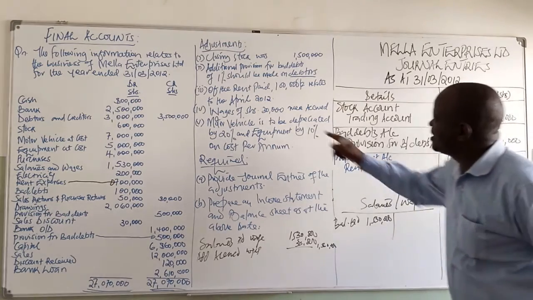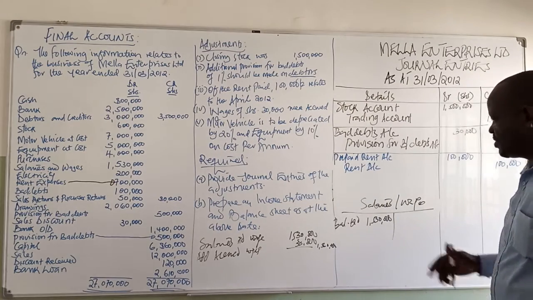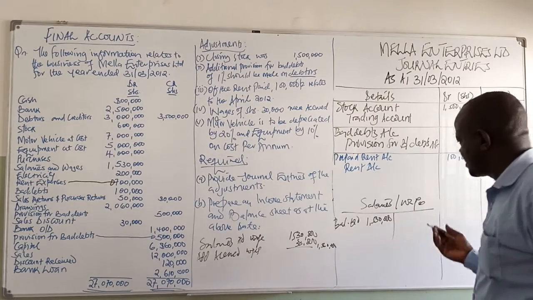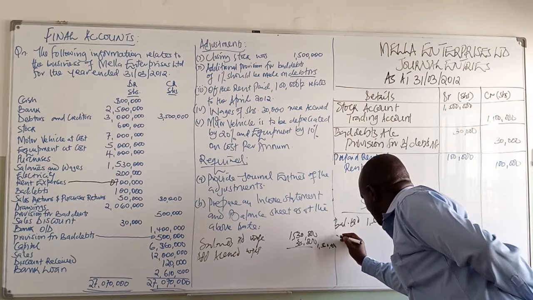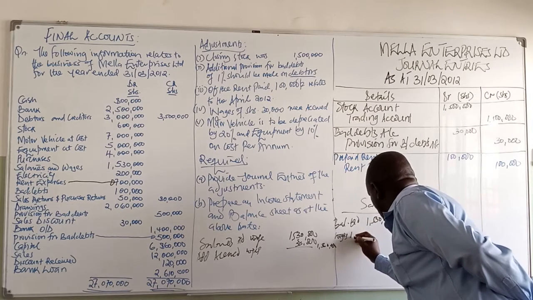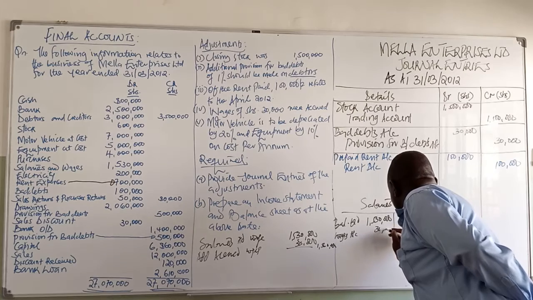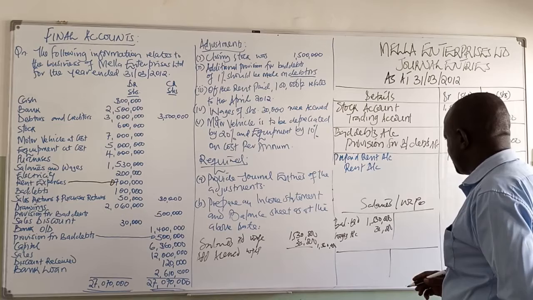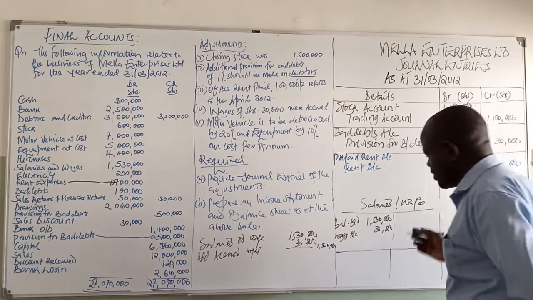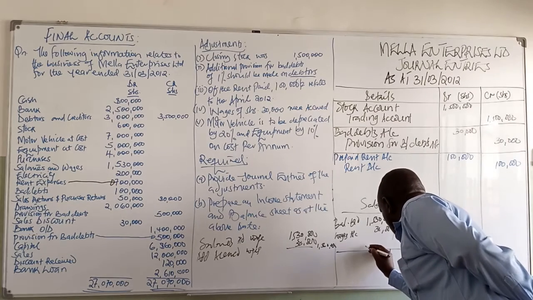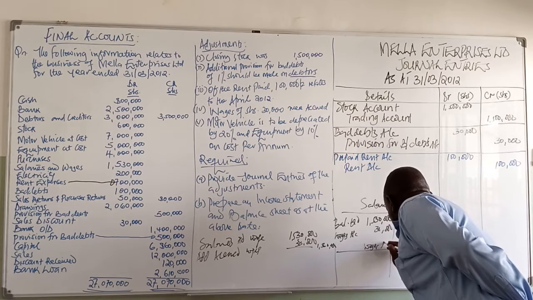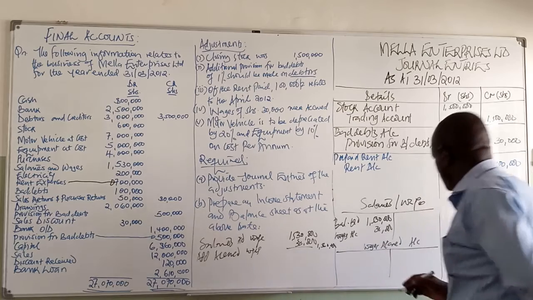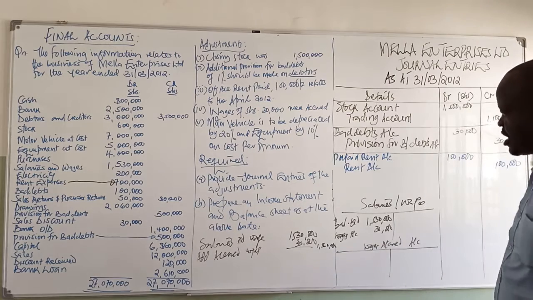Therefore, if we have wages that are accrued, what are we going to put here? So here we shall just say salaries, wages accrued of 30,000, we are going to add it there, and then we open up the wages accrued account, or accrued wages account.